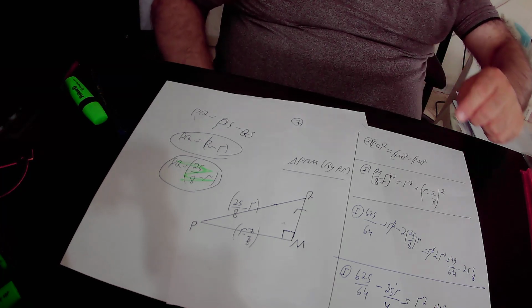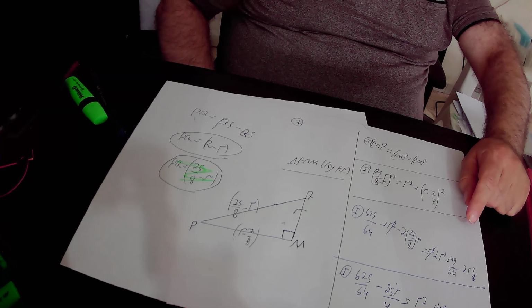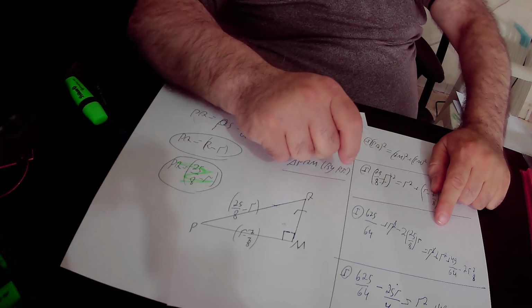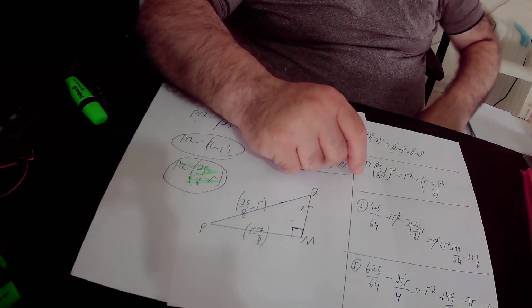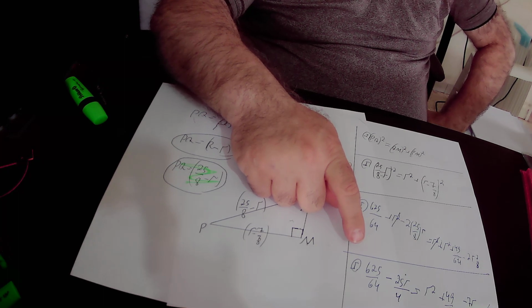so here we have r square on both sides of the equation, so r square gets cancelled. And here we have 625 over 64.